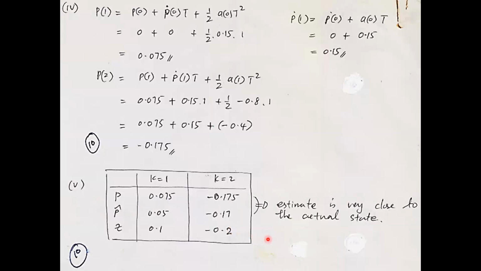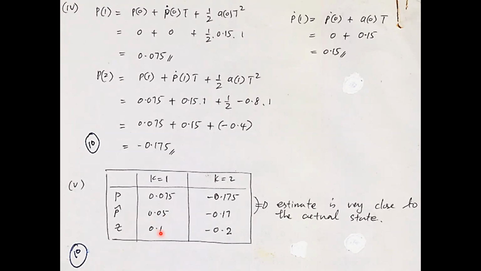Now, what is your judgment of this process? Just 3 steps. We haven't gone far. It's a bit premature to tell anything, but even now, if you look at k equals 1, the actual value is 0.075, the prediction is 0.05, and the sensor value is 0.1.